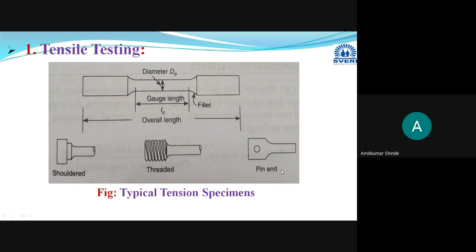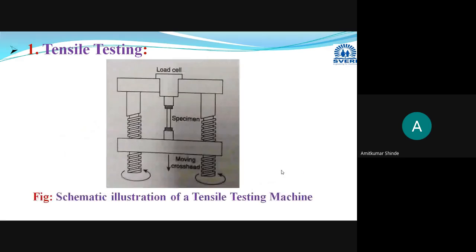After that, you have to take that prepared specimen and fix it in these two heads. In some books they have mentioned anvils, or you can say you have to fix the specimen in between these supports. Now, with the help of the arrangement, you have to apply the tensile load on this specimen.